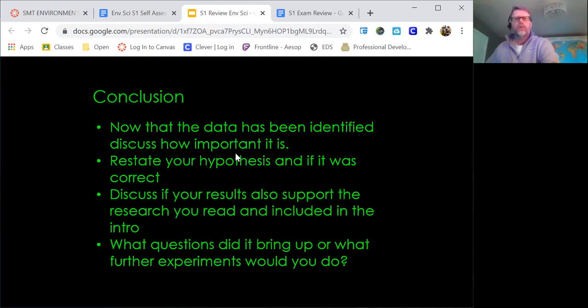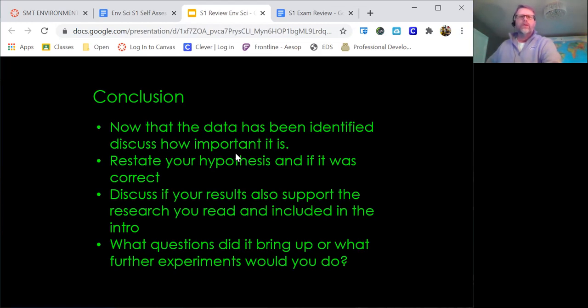So the conclusion will be a paragraph or answering a series of questions discussing the data that has been identified and what is important about it. You're going to say, oh, my hypothesis said this, it was right or wrong, okay, and why. Even if your hypothesis was wrong, it can still be a very powerful conclusion and an important piece of research.